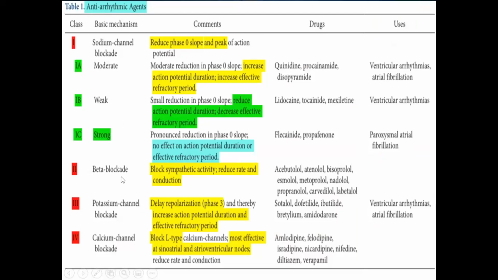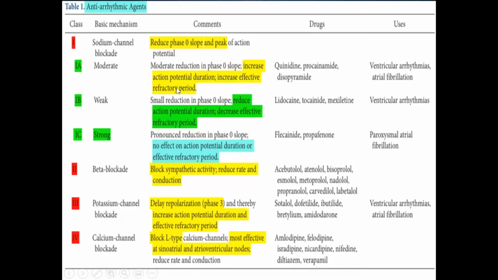Okay. Next, about the antiarrhythmics, we'll talk about action potential widening and action potential reduction. So we come to that. And then the uses you all can read here. And then about beta blockade: it blocks sympathetic activity and reduces the rate and conduction also. About the action potential, you can see 1A increases the action potential duration and increases the effective refractory period.